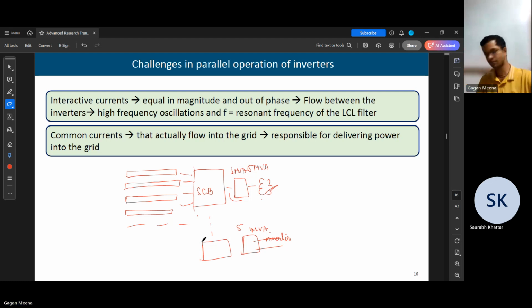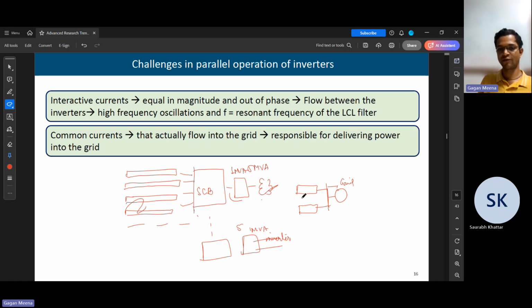In parallel operation, we have this phenomenon. When there is more than one inverter, so two or more inverters in parallel, there are two types of current. One inverter is this, the second inverter is this, and both are feeding the grid.